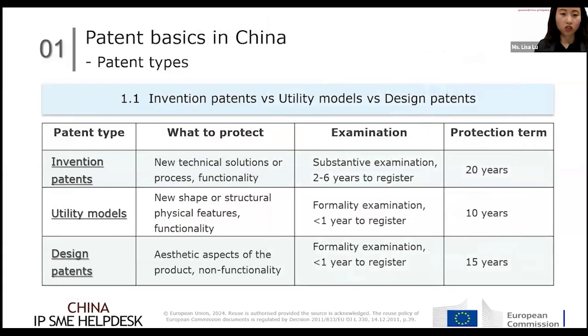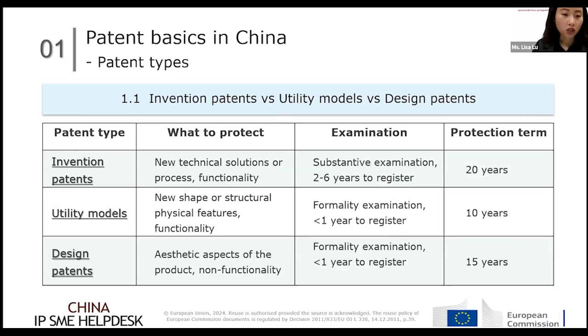For patent types in China, it's a little bit different from Europe. That means the biggest difference is the design patents. So there are three types of patents in China: invention patent, utility models, and design patents, which protects the industrial design. And if you see what to protect of these three patents, we will see a very obvious difference.